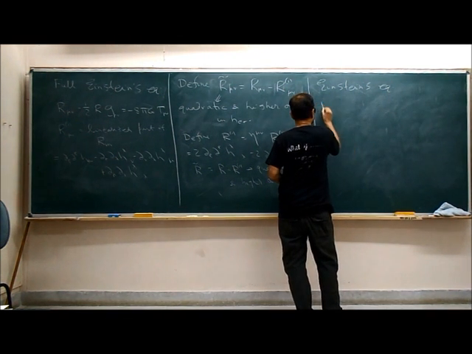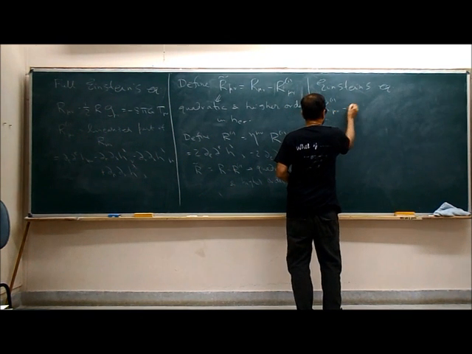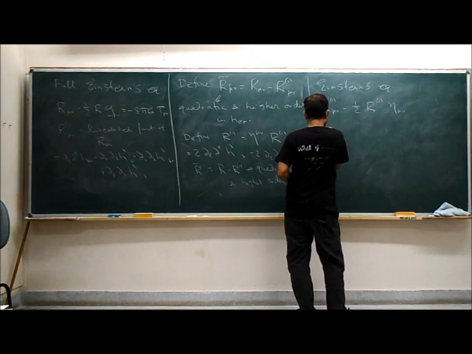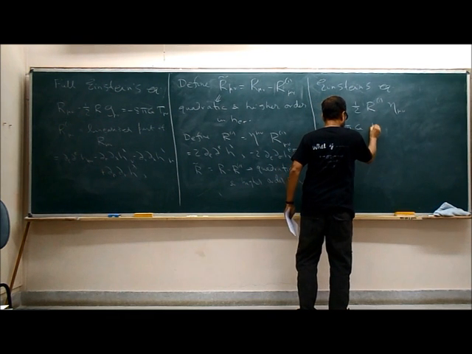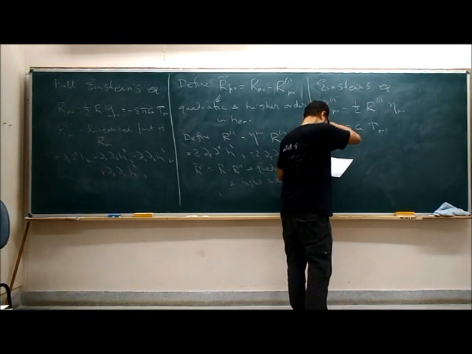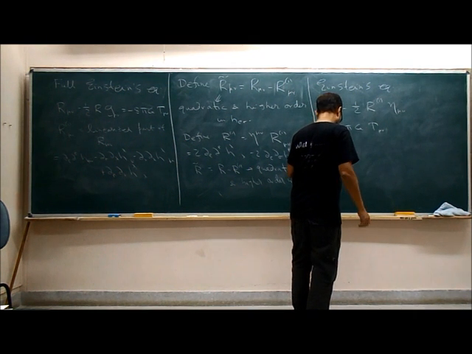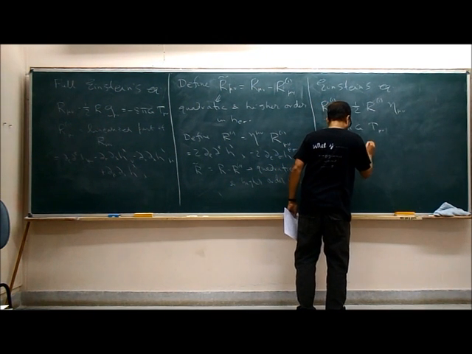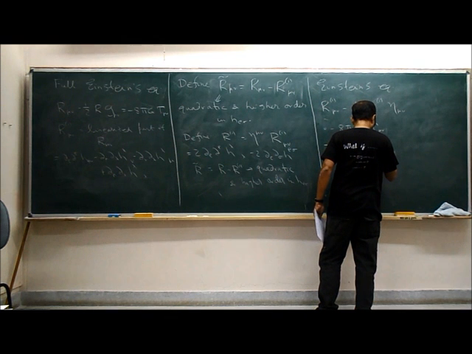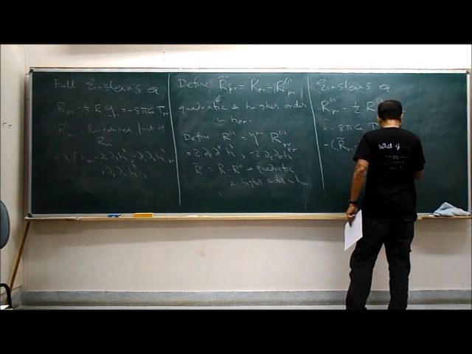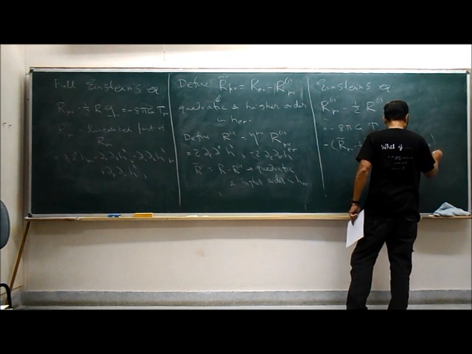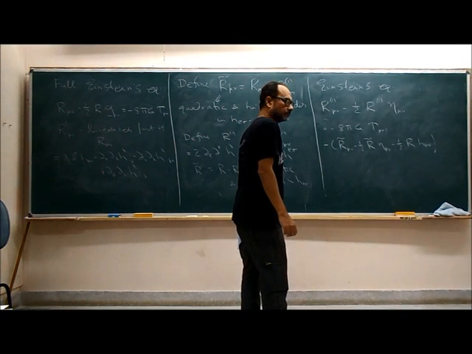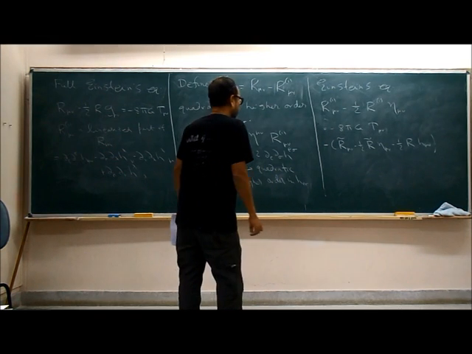We will get R1 mu nu minus half R1 eta mu nu is equal to minus 8 pi G times [T mu nu] minus R tilde mu nu minus half R tilde eta mu nu minus half h mu nu R. Okay, so what did you do?